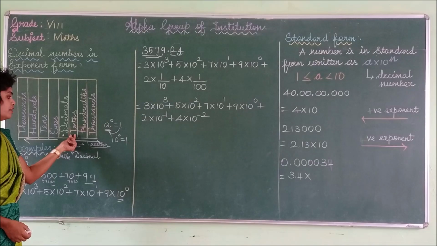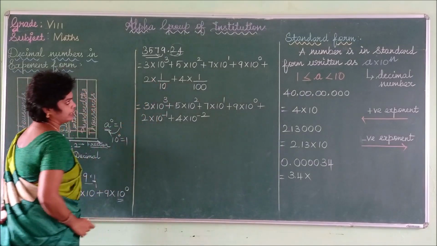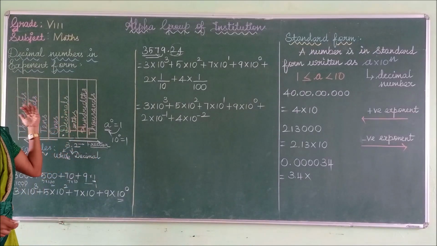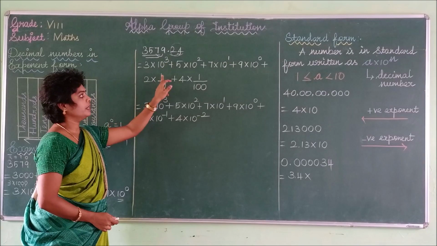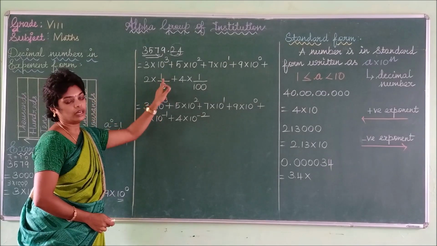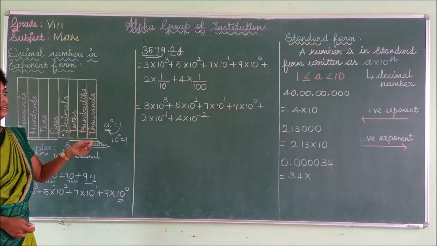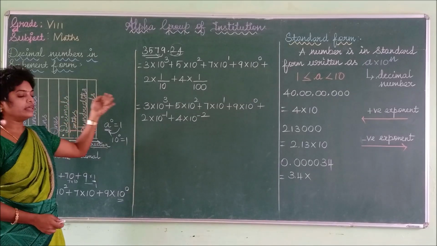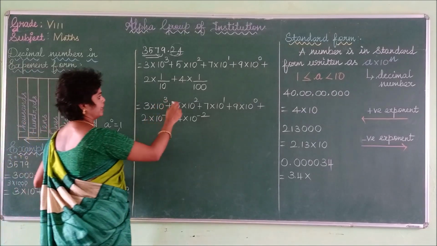So you can write the first place as tenths. Tenths means 2 into 1 by 10. The left hand side of the decimal will be considered as 10 power, but the right hand side will be considered as 1 divided by 10 power. So that is tenths, which means 1 by 10. Next, hundredths, 1 divided by 100. So the second value is 4 into 1 by 100.